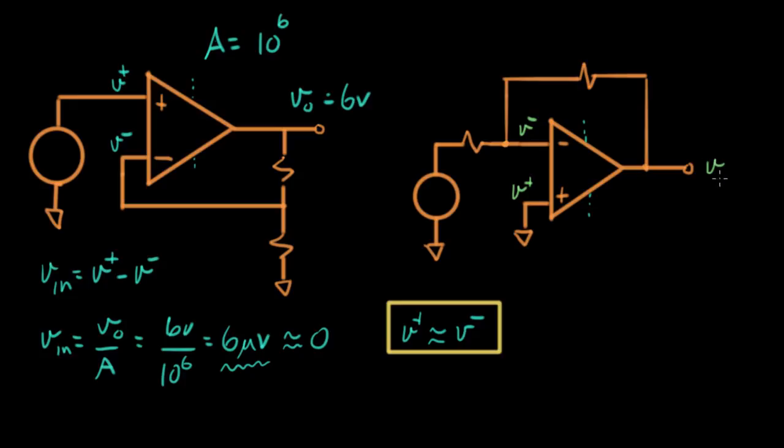If this is V out, and if V out is 6 volts, that means that V plus minus V minus divided by 10 to the 6th equals 6 microvolts. And that says that this is 6 microvolts in this direction. When we did this over here, because the signs of the inputs are flipped, this was 6 microvolts this way.